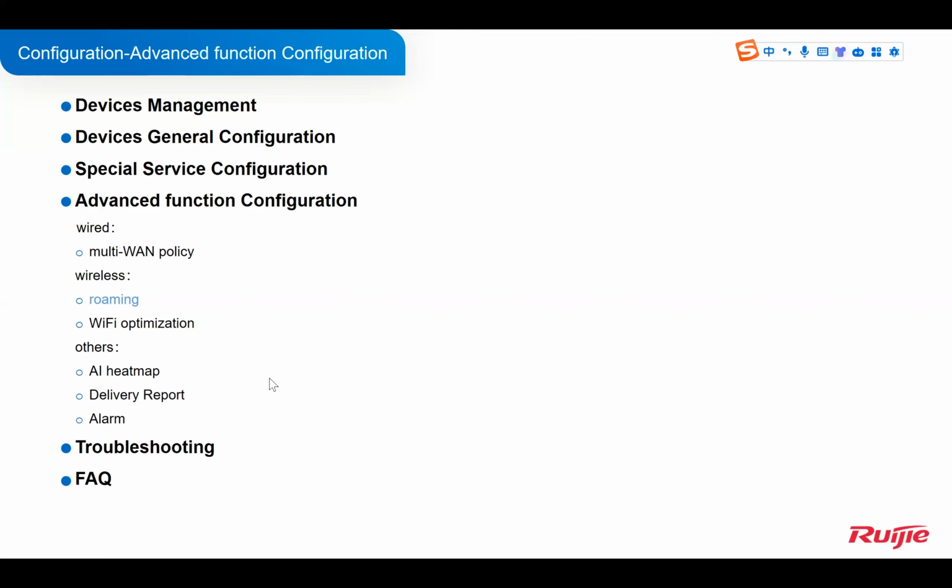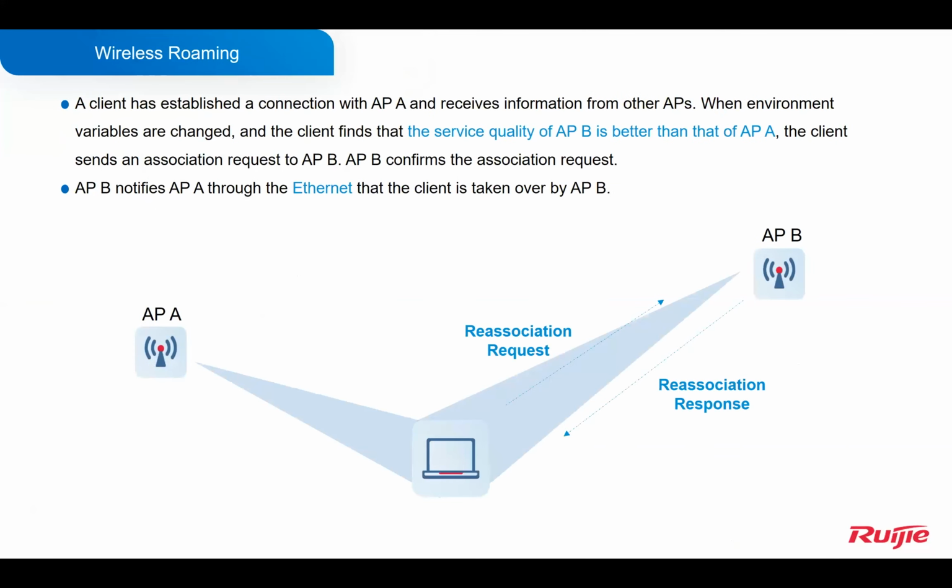The next part is roaming and the awareness optimization. For roaming, I think you are very familiar with this function. In this picture, we can see 1 STA and 2 APs. So what happens if roaming happens?